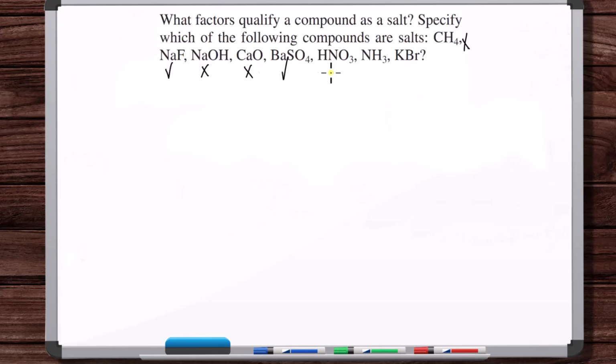Here, this isn't even an ionic compound, right? So from there we could deduce that this isn't a salt. Okay, NH3, this is a weak base, right? So no, this can't be a salt. Potassium bromide, that's an ionic compound where potassium is the cation and bromide is the anion. So yes, that's a salt.